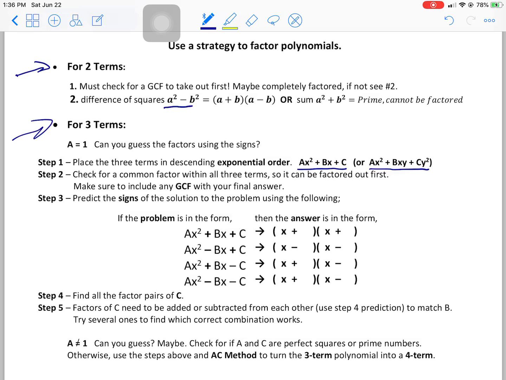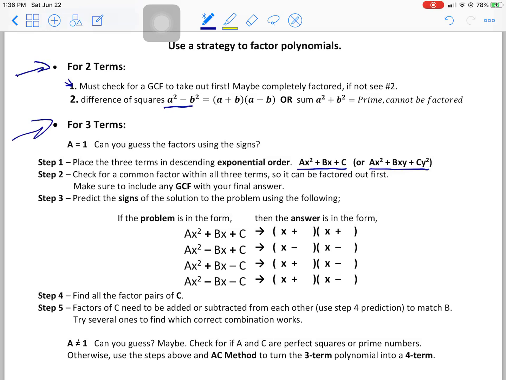I'm trying to remember if I've seen one with 2 variables, but this is the general form, okay? So usually when it's 2 terms, you're going to say a number minus another number, okay, or variable. And first thing you're supposed to do is check for a GCF to come out, a greatest common factor.